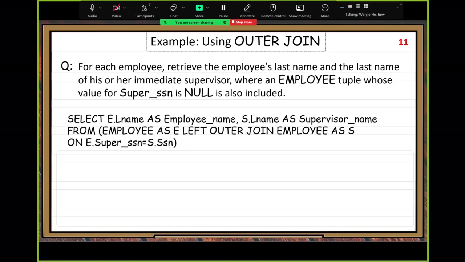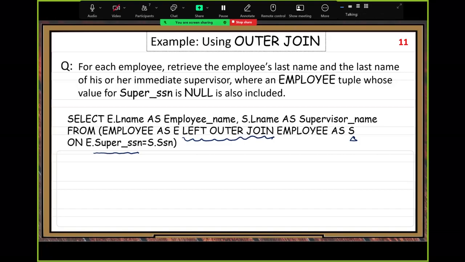First, for the table join: employee as E left outer join employee as S. So the employee copy, E copy, and the supervisor S copy. For the E copy, all the SSN values are valid. But for the S copy, super_SSN may take a null value.